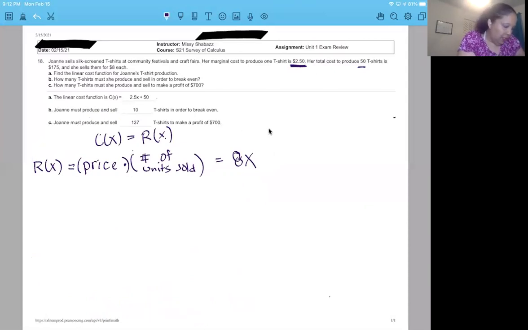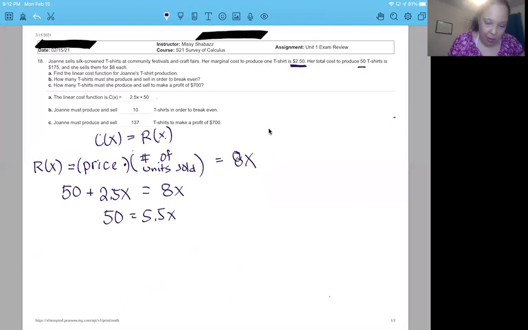So what we need to do now is set our revenue function equal to our cost function. My cost function was 50 plus 2.5x, and my revenue function is 8x. So I have 8 minus 2.5, which gives me 5.5x. So 50 divided by 5.5 equals 9.09.